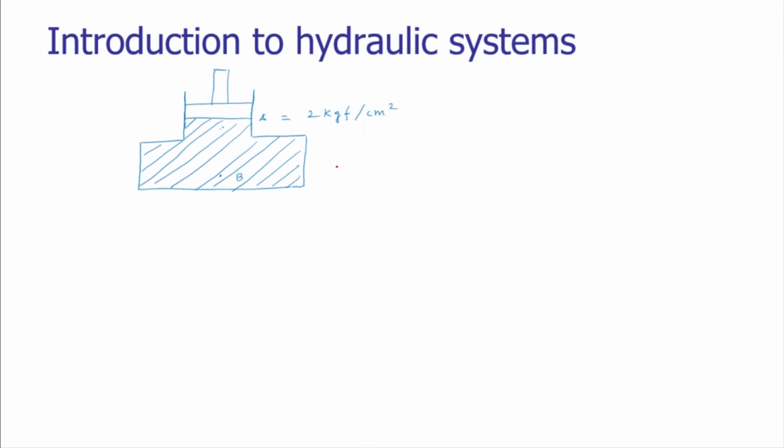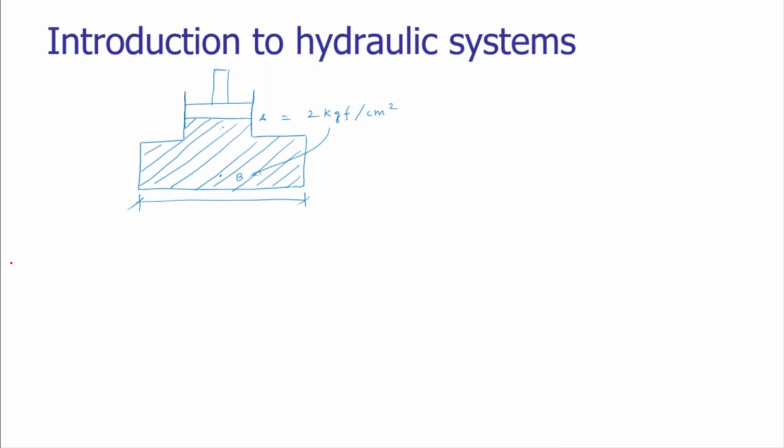So here as well the pressure is 2 kgf per centimeter square. However, the area has been increased now. The area of application of this pressure is increased. So as the area of application has been enhanced, what are we getting here?